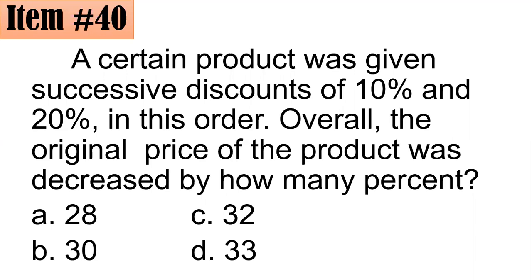So meaning to say, in your first, you subtracted 10%. In your second, you subtracted 18%. So 10% plus 18% would give you 28% as well. But what Sir Freddy did is also correct. His went from 90, subtracted 18, became 72, the final price. So 100 minus 72 gives us 28% as well.